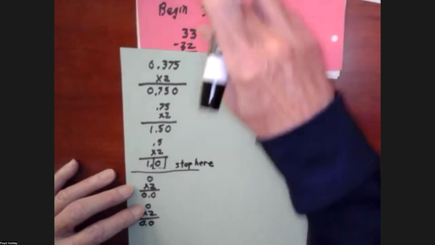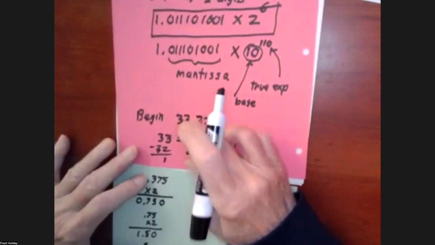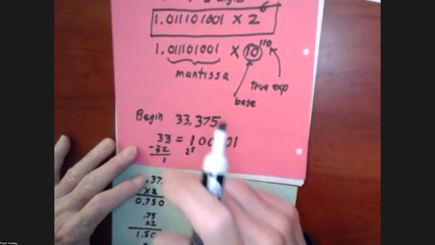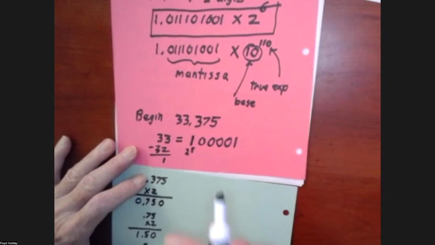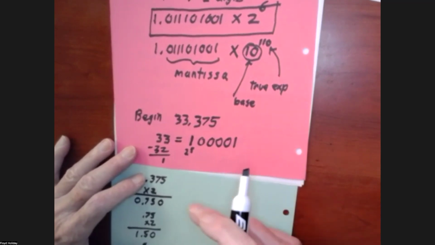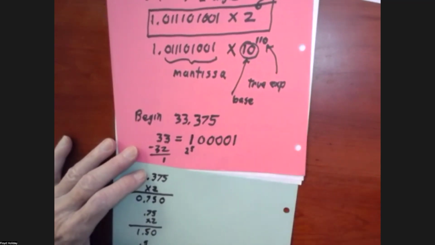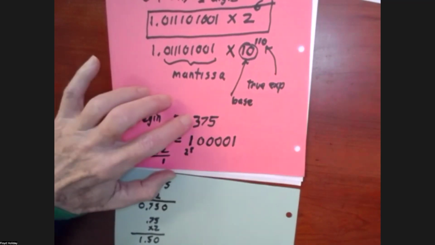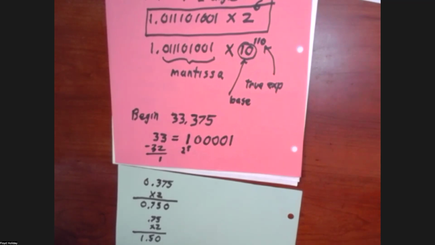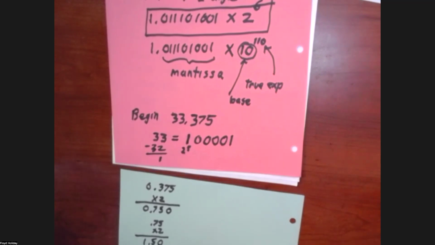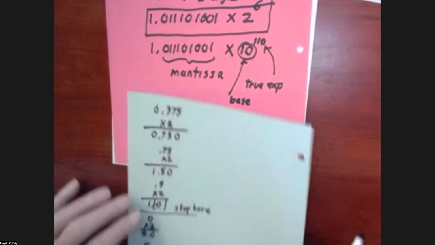When you convert an integer like 33 to a binary number by repeated division, you read your answer off backwards. But when you convert the fractional part to binary by repeated multiplication, you read your answer in the forward direction.